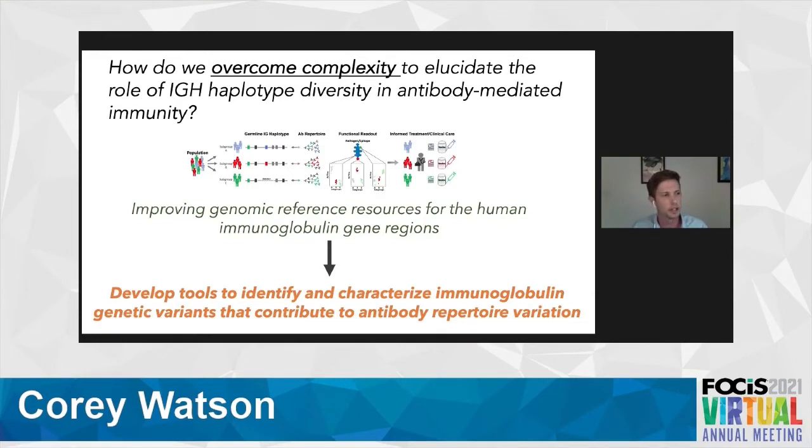In the last few minutes, I'm going to quickly switch to some things my group is thinking about. My group is very interested in how germline variation actually influences the repertoire. As I said before, this has been a challenging question to address historically, because these loci have been very difficult to study.